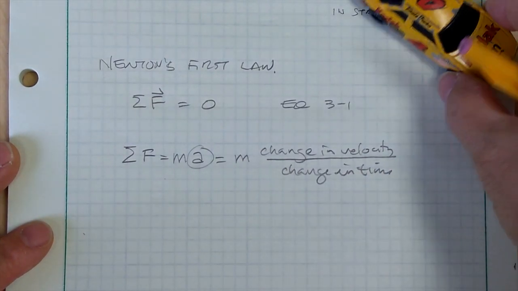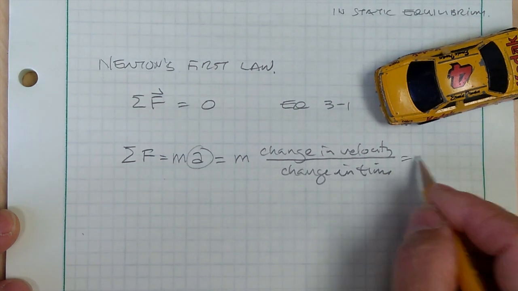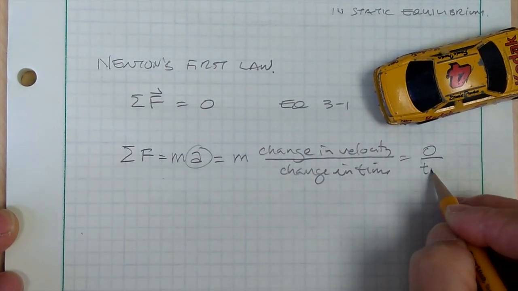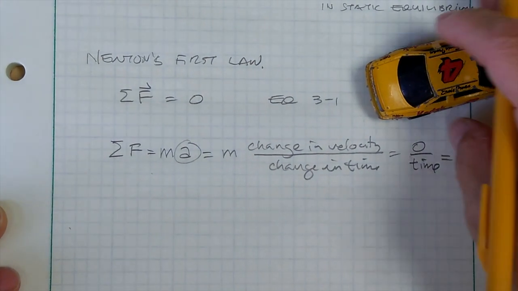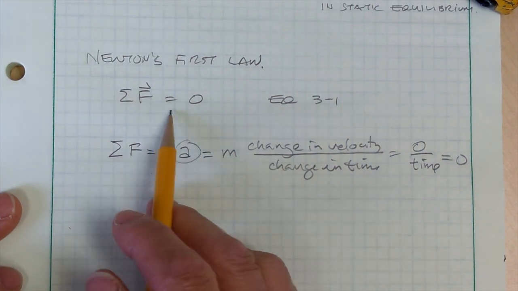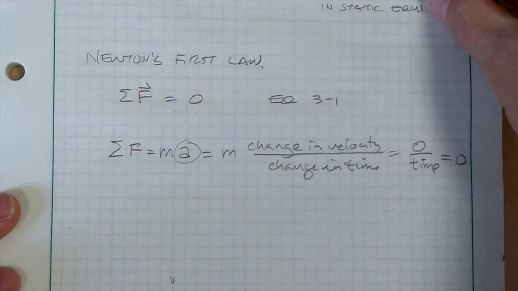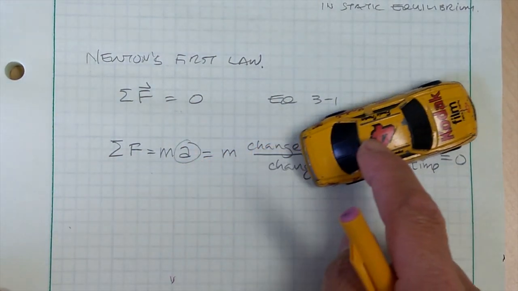Since the car was moving at constant velocity, the numerator is 0, the denominator has some value of time, but it still equals 0. Therefore, Newton's first law for equilibrium is still satisfied regardless of the fact that the car is traveling at a constant velocity.